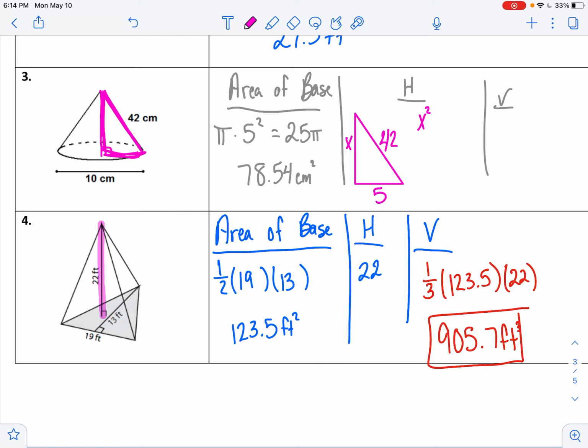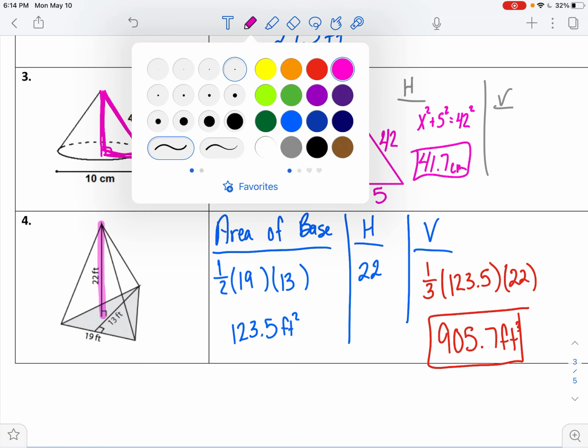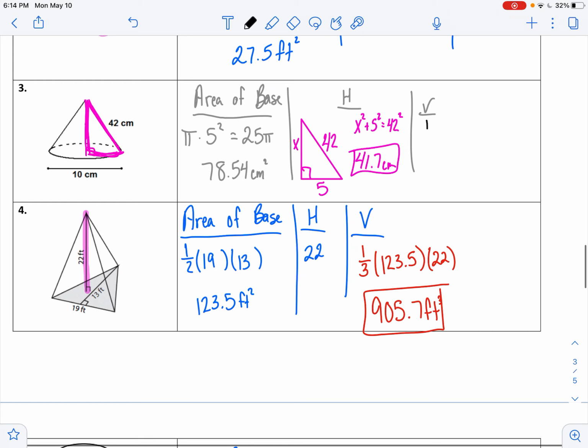So x squared plus 5 squared equals 42 squared. It's a right triangle, so I can use the Pythagorean theorem. So let me just find that really quick for you. And I should get a height of 41.7 centimeters.